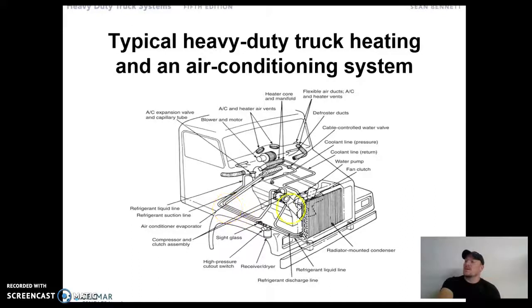It comes out of the condenser and goes to the receiver dryer. As soon as my mouse comes alive so you can see it, there you go, it goes through our receiver dryer. That does exactly what you think it would do. It dries, so it gets rid of the water out of the freon. After it leaves the receiver dryer, it travels up here and goes through this component right here.